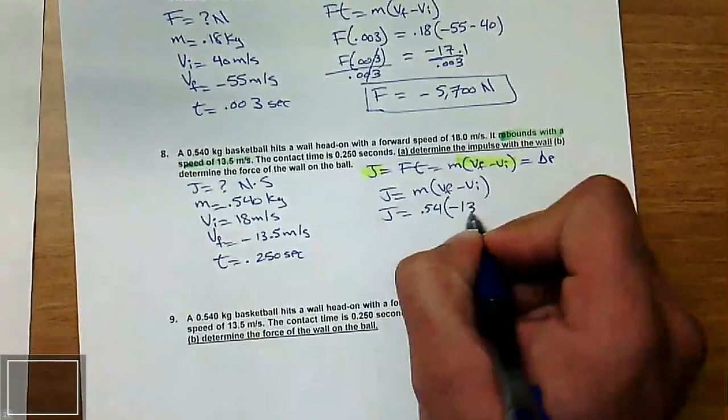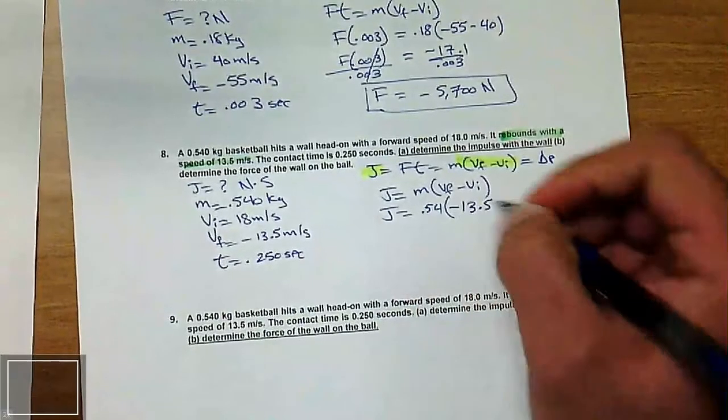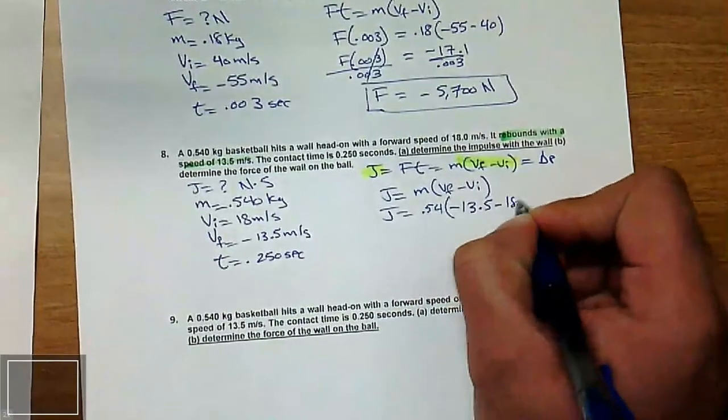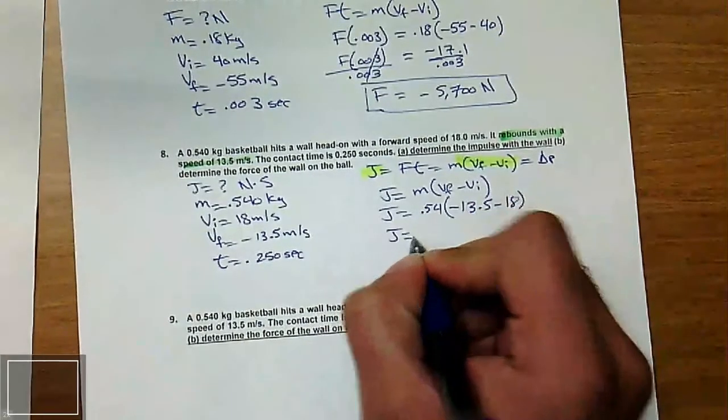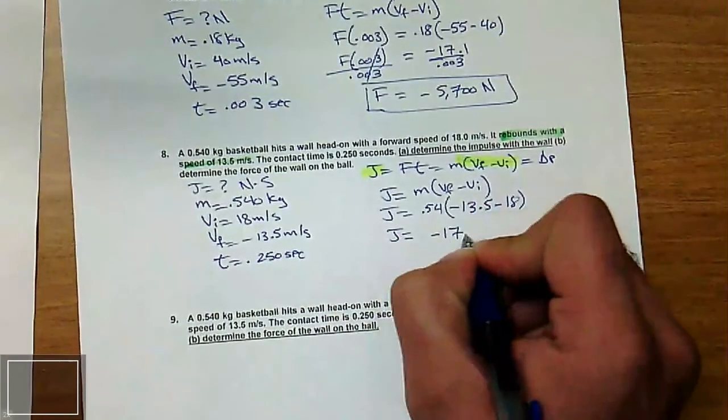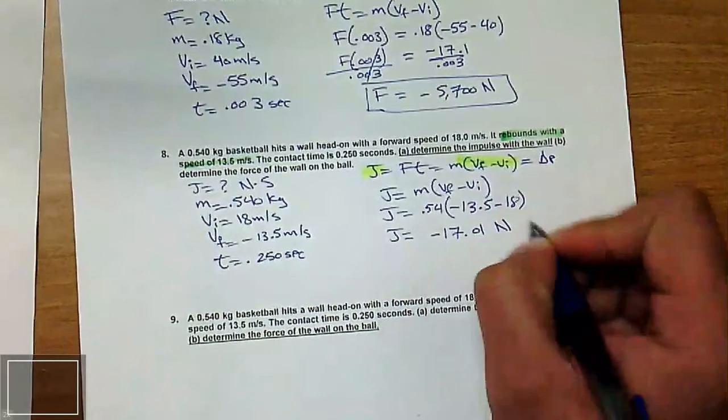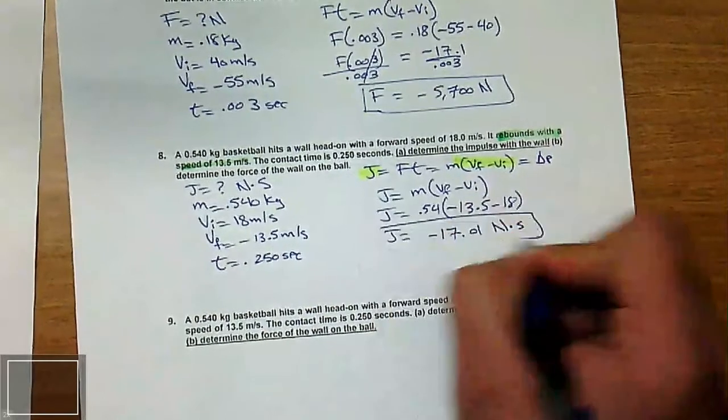Vf was negative 13.5. And our initial velocity was 18, so it's minus 18. You multiply those out together, and we get an impulse of negative 17.01 newton seconds.